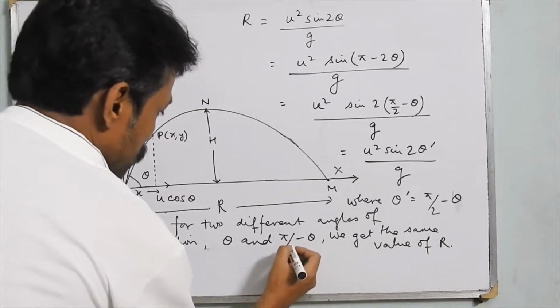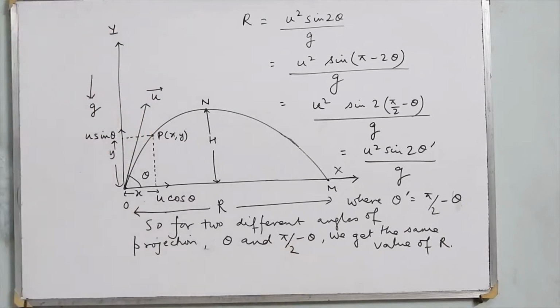So if the angle of projection is 30 degree, the range that we get will be the same as if the angle of projection is 60 degree. So this is what we can understand about range, maximum height and time of flight.